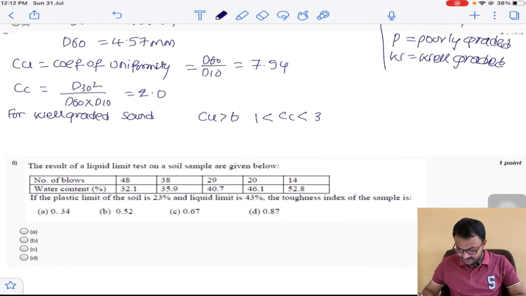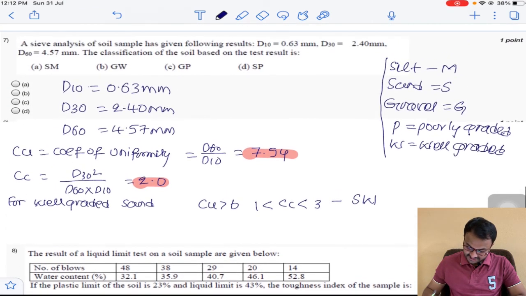Its value is greater than 6 because we got 7.54, and Cc lies between 1 and 3, as we got Cc as 2. So the given sample is well graded sand, that is SW. W means well graded, S means sand. Is there any option SW? No, it is not there.